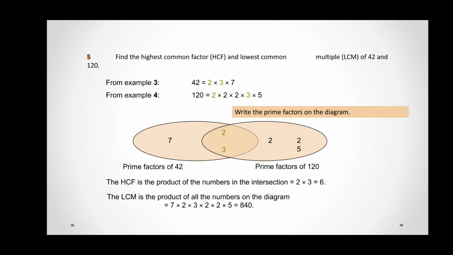That means the other factors 7, 2, 2 and 5. You can multiply them by the HCF, then you get the answer for LCM, or else you can multiply all the numbers in this Venn diagram each other, 7 into 2 into 3 into 2 into 2 into 5, then you can get the LCM of 840.